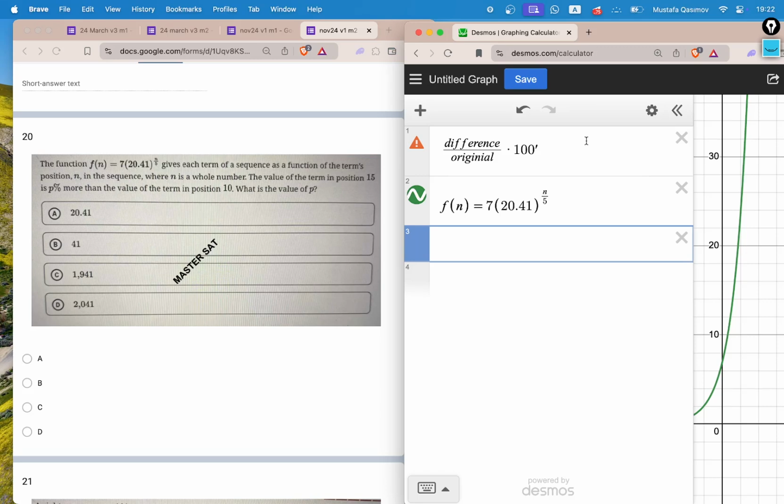So first we have to find this difference, f15 minus f10, over the first one, f10. Because it says it is p% more than that one, that's why we have to divide it by 10. If it said 10 is p% less than 15, then you would have to write 15 here. Then multiply it by 100. Don't forget that one. It is 1941, so the answer is C.